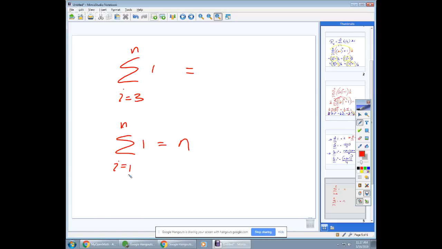So up here, it would be n minus 3 plus 1, which ends up being n minus 2.